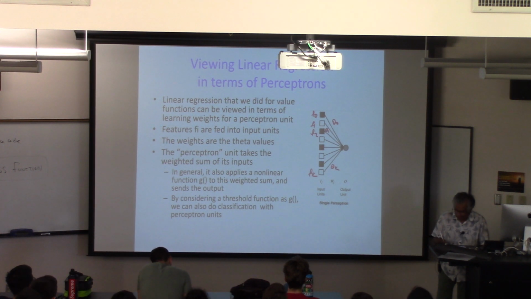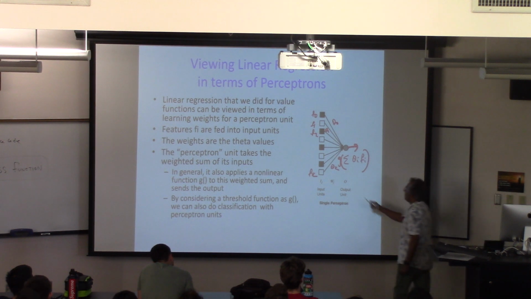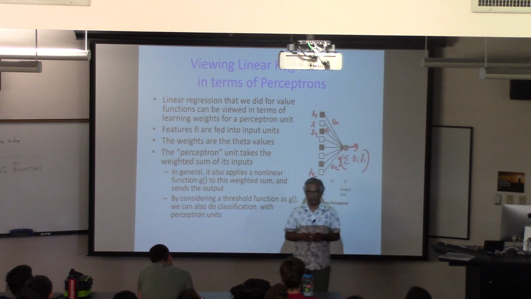The semantics are that I compute theta i times fi. And normally I also apply a function g to this and output it. For now, assume g is the identity function.